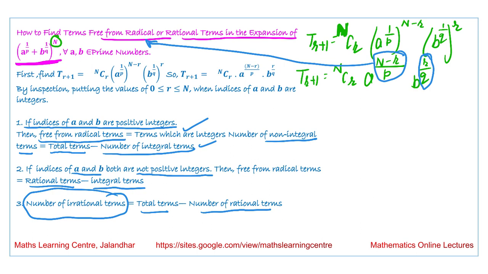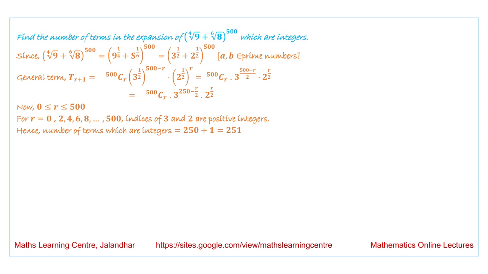This will be more clear to you with the help of the example that we are going to discuss now. Find the number of terms in the expansion of this which are integers.